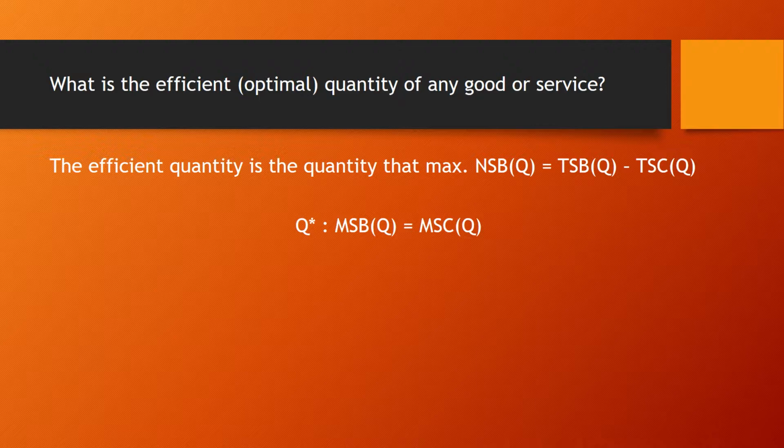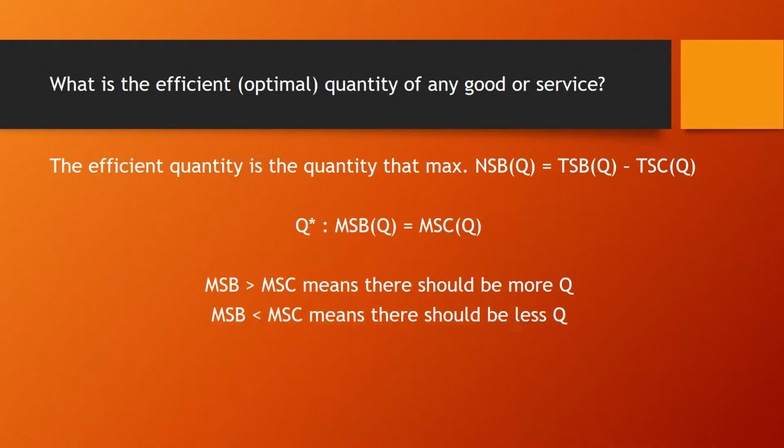Now there are three possible circumstances that we might see. Marginal social benefit might be greater than marginal social cost, marginal social benefit might be less than marginal social cost, or marginal social benefit might be equal to marginal social cost. If marginal social benefit is greater than marginal social cost, from an efficiency point of view, Q should be increased in order to increase net social benefit.